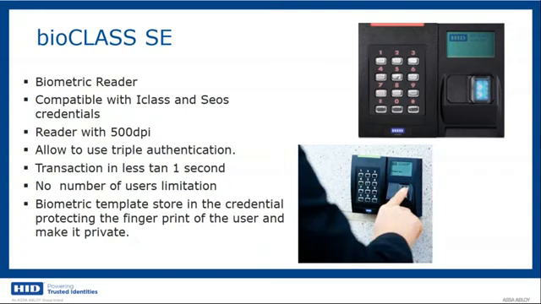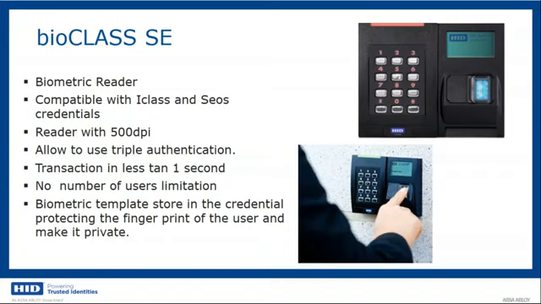It will also allow you to use a triple authentication, meaning credential with PIN, credential with biometric, your fingerprint, or all at the end, you can also use a credential with your fingerprint and even a PIN. So we have 3 ways to authenticate ourselves, okay? The transaction is done in less than 1 second, okay?